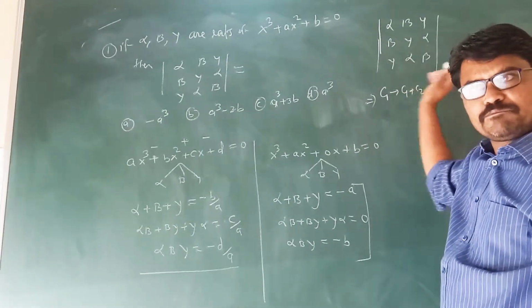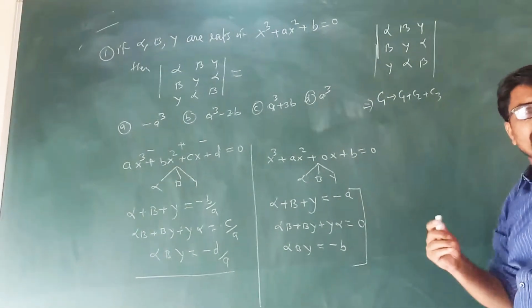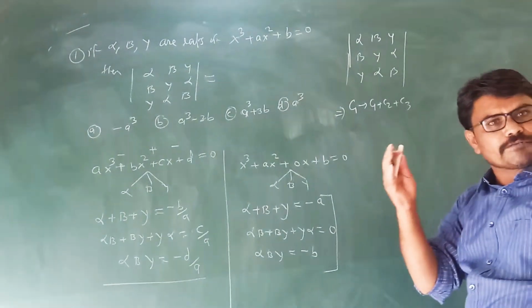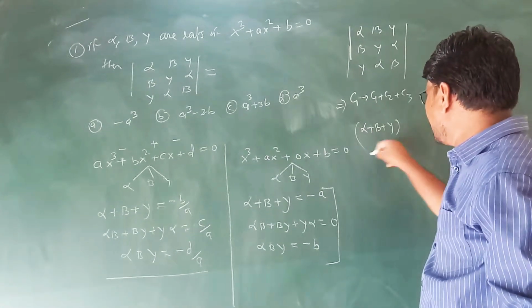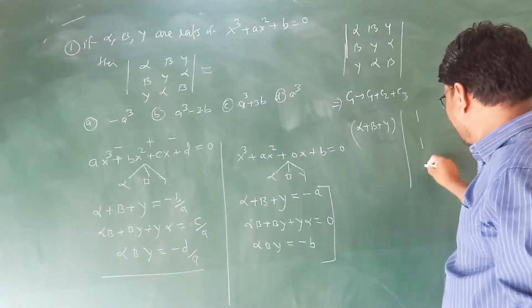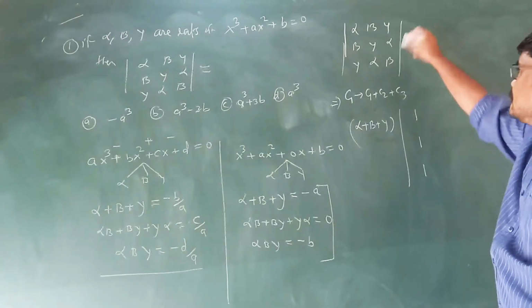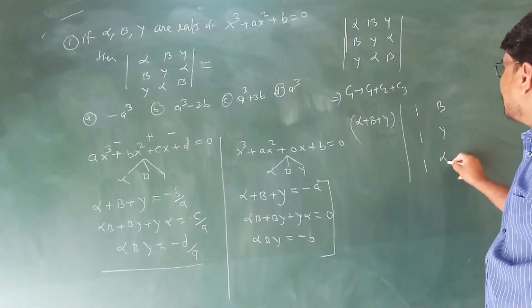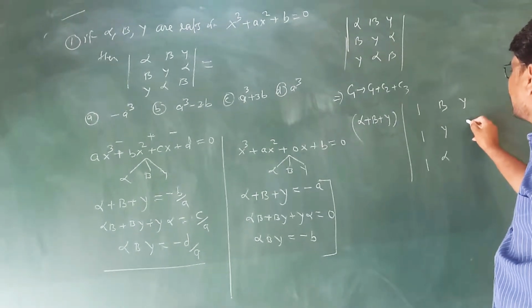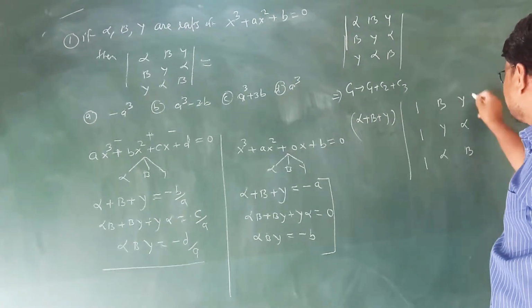Correct? तो ये अल्फा प्लस बीटा प्लस गामा को क्या करो, कॉमन ले लो. सबसे कॉमन में ले लिया मैंने, तो this is alpha plus beta plus gamma, this is 1, and these columns are same: beta, gamma, alpha; gamma, alpha, beta.